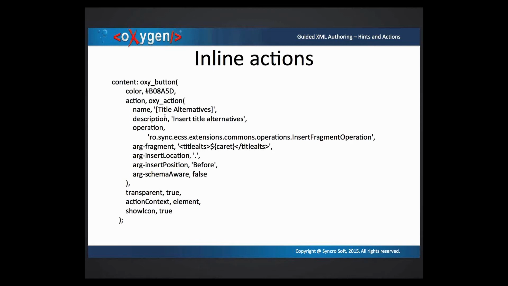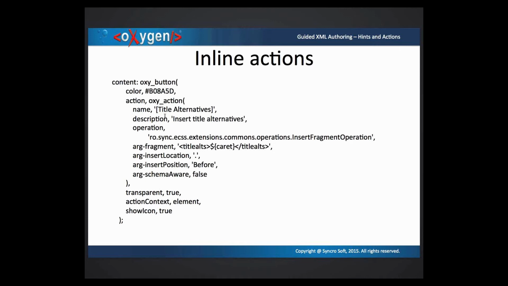So like the example you've seen earlier, right? So if I click on that title alternatives label, this is the label of the action, then this operation is invoked, which says insert fragment. Here's the fragment and the position where it should be inserted. You know, it's a reference node, and you say after that, inside that, as first child, as last child, and so on.